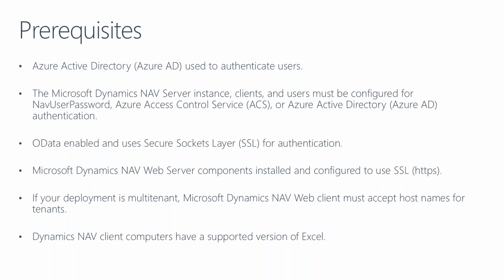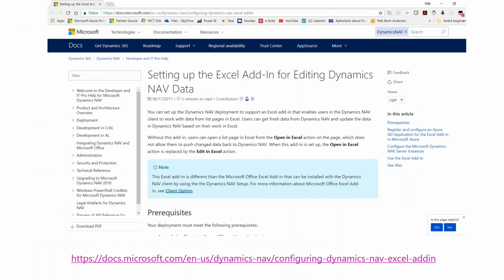We have OData that is with a secure socket layer, and that we have the web server component installed and configured to SSL. And of course, you need to have a supported version of Excel. That goes without saying. Also, because this was not exactly easy, then I have included a link to where you can find more information of how to set it up.